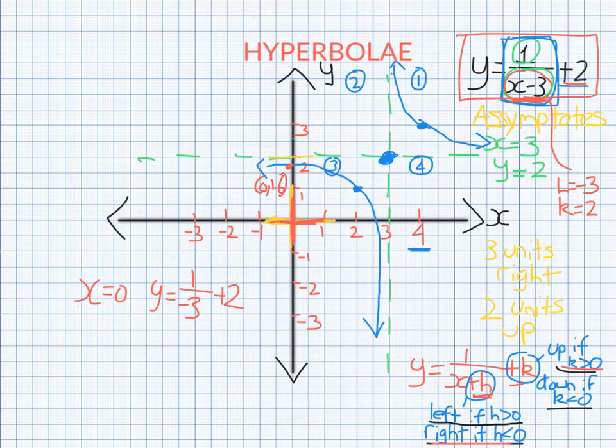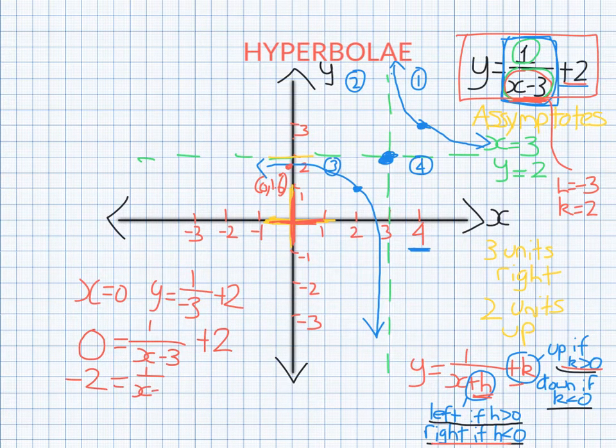Okay, and you know from when we did nonlinear relations with parabolas, you know how to find the x-intercept. I just let y equal 0. So I have 0 equals 1 over x minus 3 plus 2. So we can just subtract 2 from both sides.